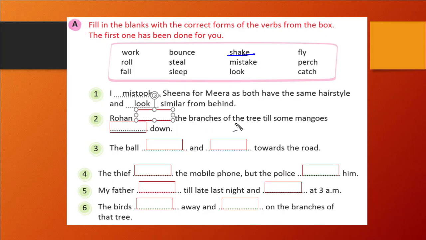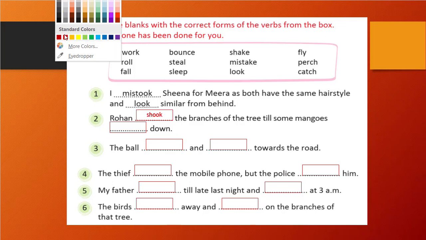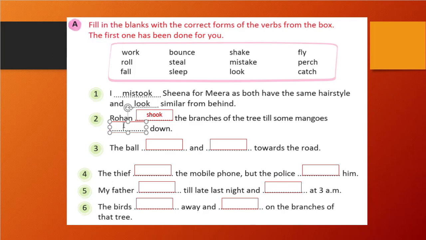And the branches of the tree till some mangoes blank down, so it is going to fall. Mangoes come down, that we will use as fall. So what verbs will we use? We will use the simple past, right? It has already happened. So the correct answer: shake will become shook, and some mangoes fell down. It will fall down.